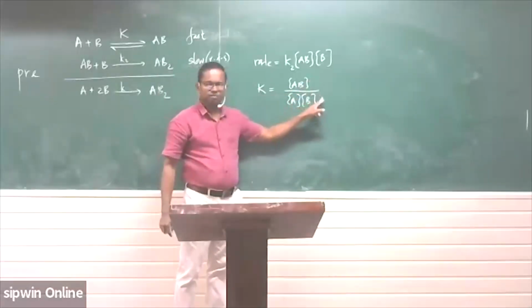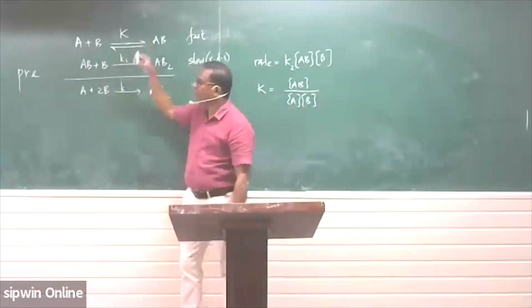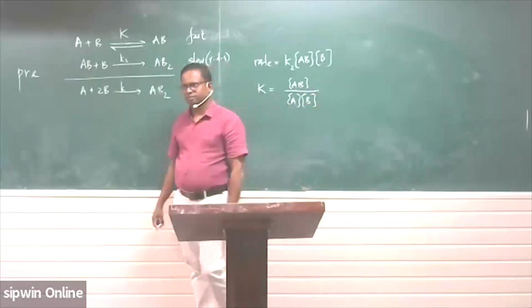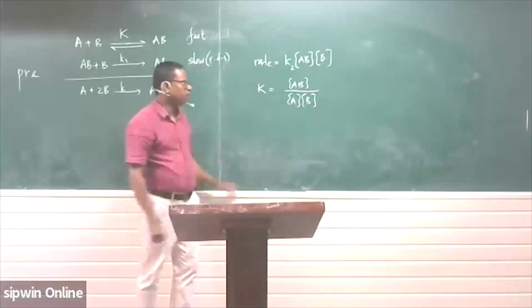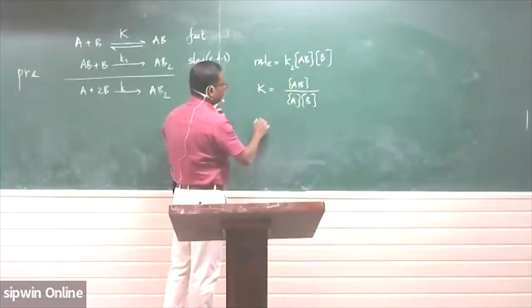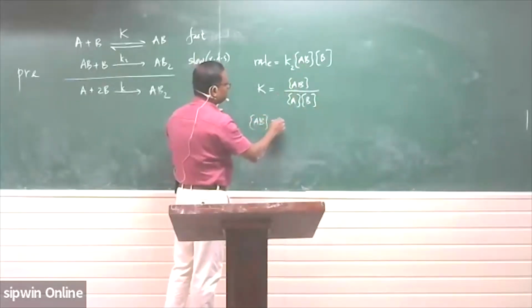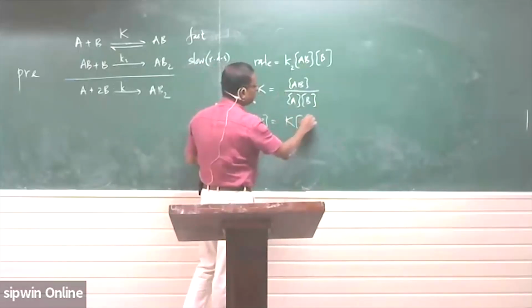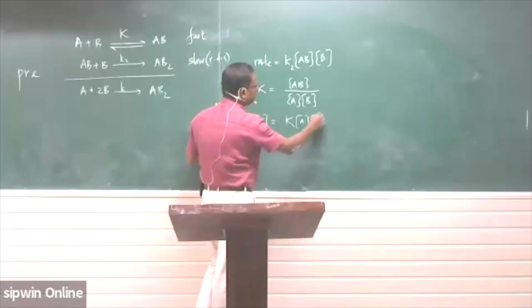For example, if 2AB, here it is squared, like that. හරි? එහෙනම් මට පුළුවන්. AB, I want to remove that one. AB concentration means equilibrium constant, A concentration, B concentration.